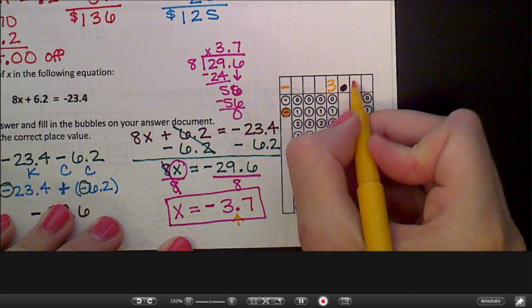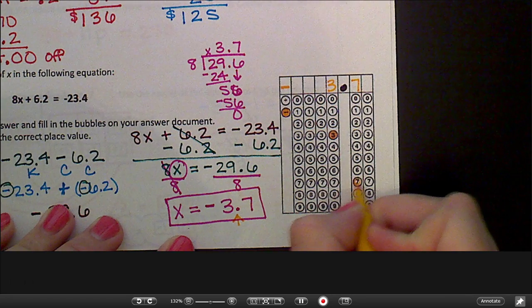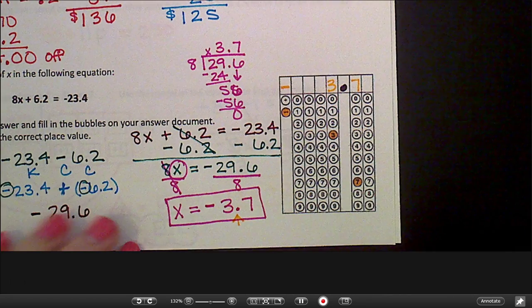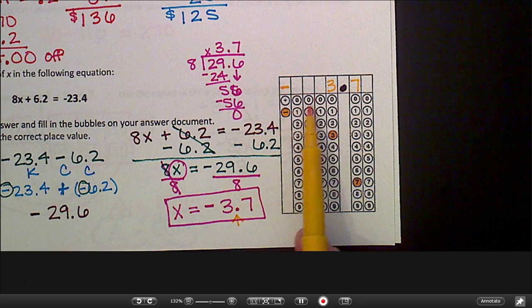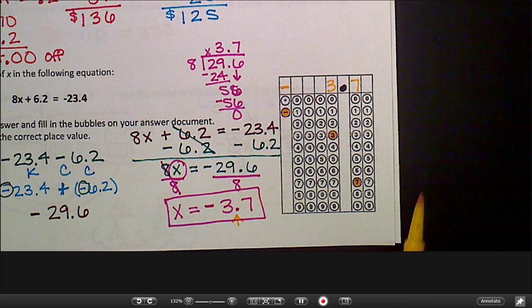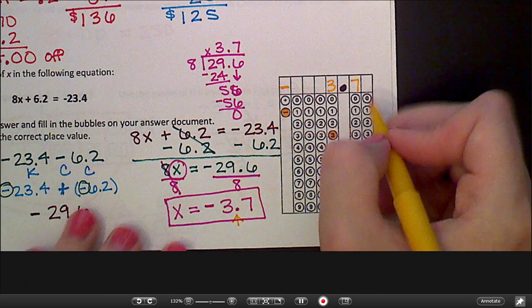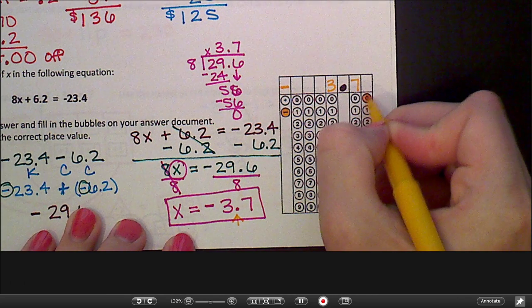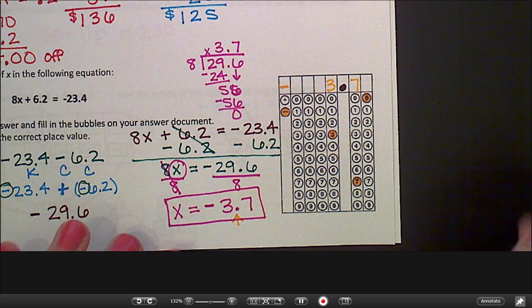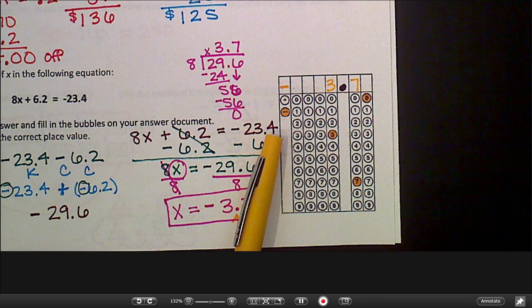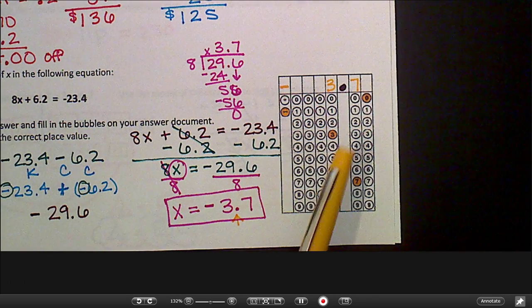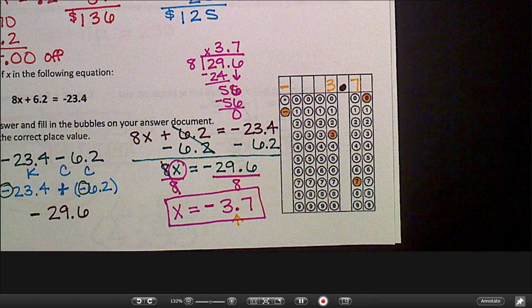And right after the decimal point I have a 7. So I really don't need to have anything in these other columns. If you want to bubble in zeros, you can. Some people asked me last time, is it okay if I put negative 3.70? Absolutely, that's the same thing. But make sure that you always bubble your sign and all of the numbers in the right place.